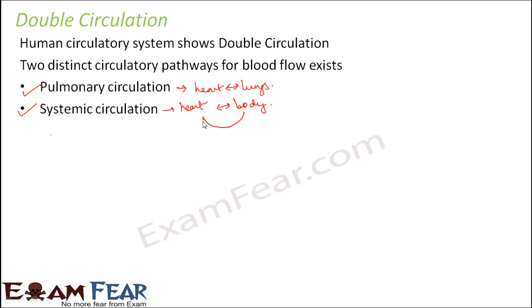That is, the deoxygenated blood from different parts of the body comes to the heart, and the oxygenated blood from heart goes to the different parts of the body. Similarly here, the oxygenated blood comes from lungs to the heart, and the deoxygenated blood goes from heart to the lungs. So these are the two circulatory pathways for blood flow.